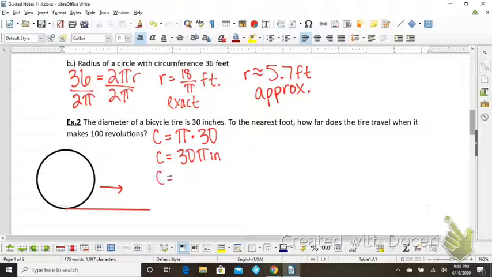So that would give me 30 over 12 pi feet. And of course, 30 over 12 will simplify. Divide top and bottom by 6. We'd get 5/2 times pi feet.